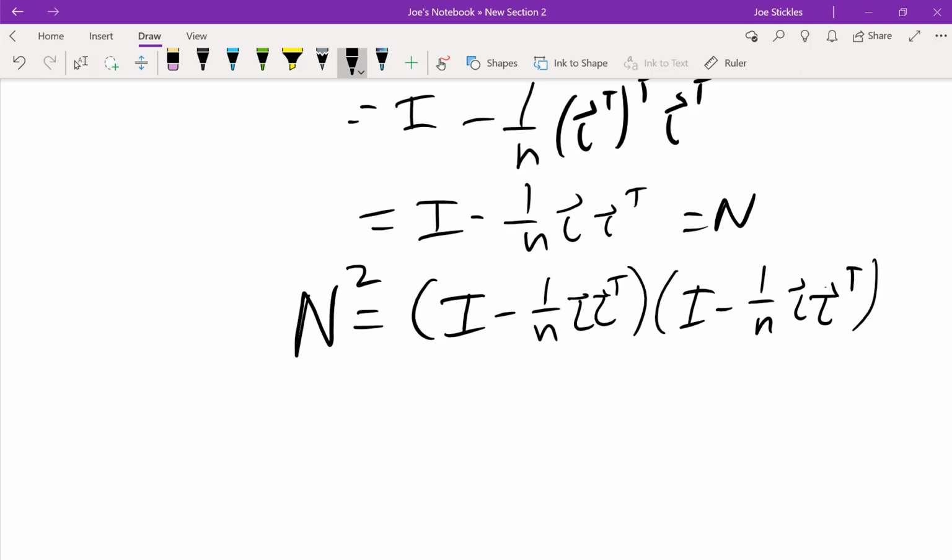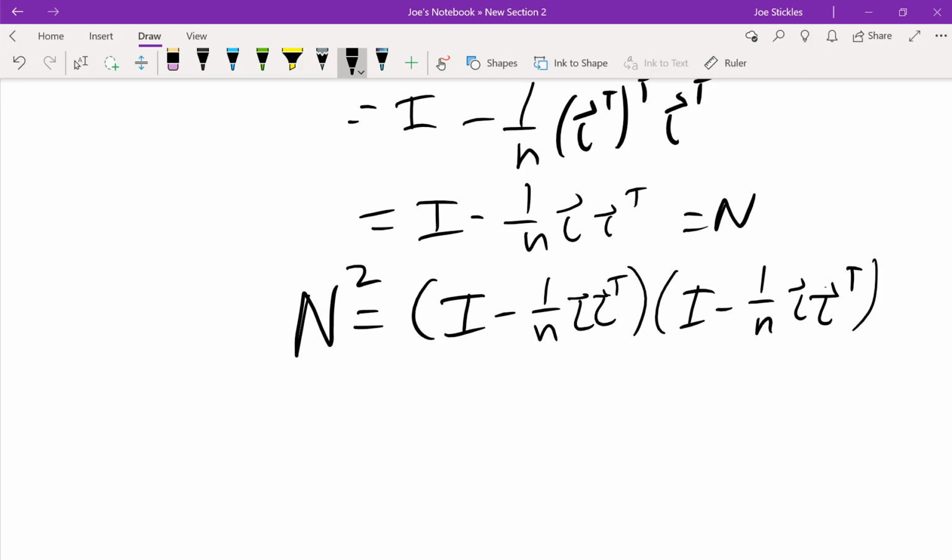Because it's just the identity matrix times that one. And then, likewise, we get the same thing here. This would be the reverse product, wouldn't it? And then the last one would be plus 1 over n squared times this matrix squared.